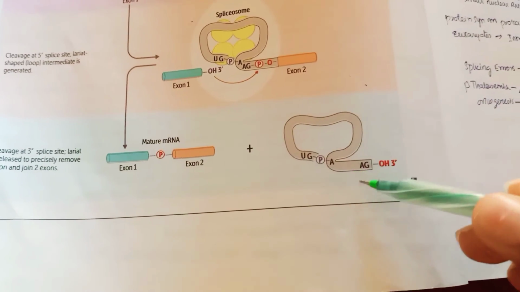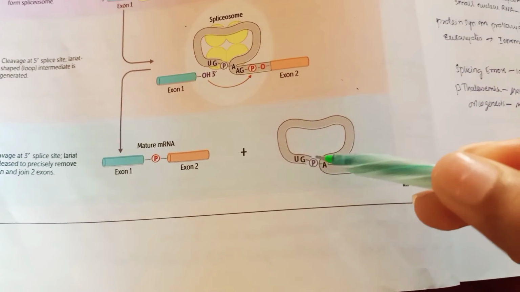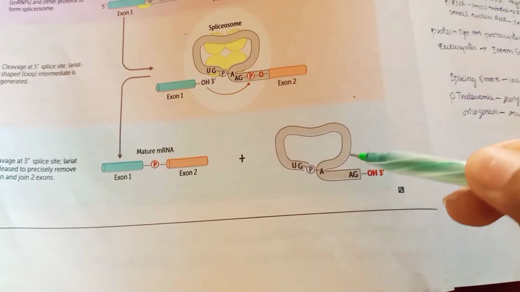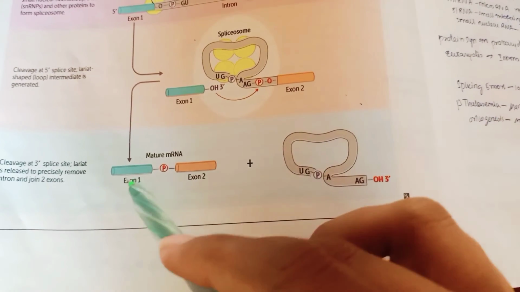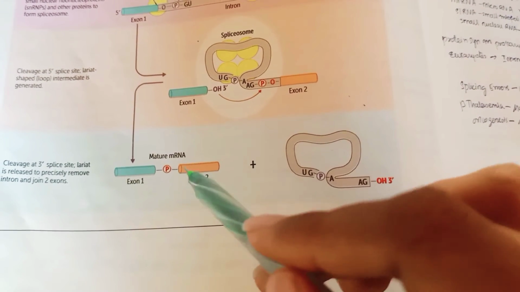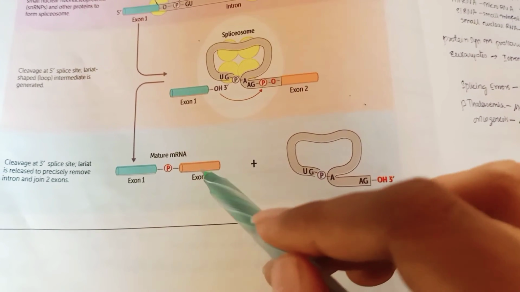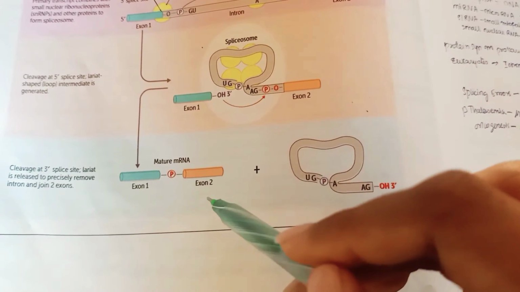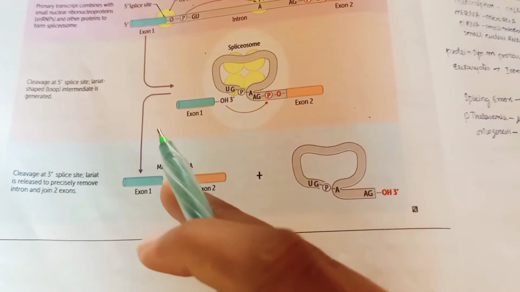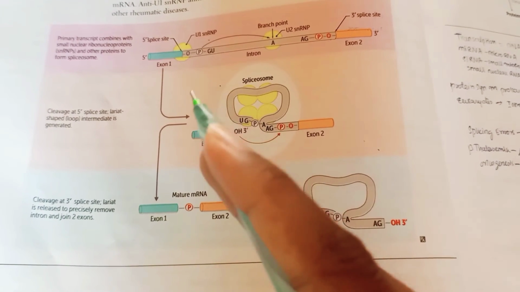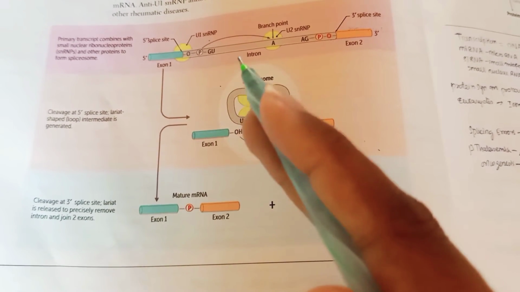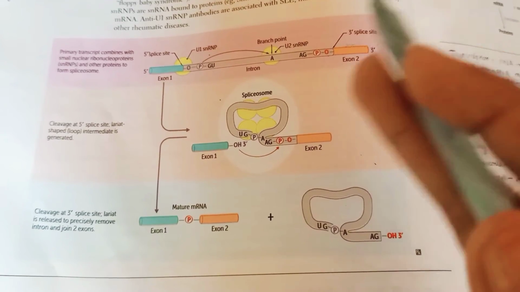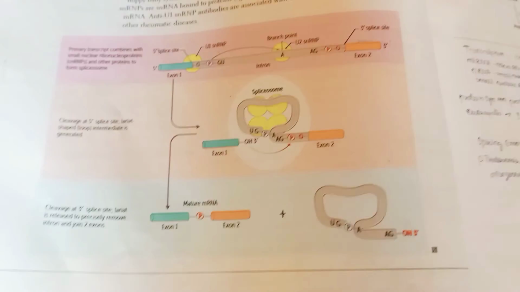This shaped structure is called a lariat. It contains introns and some RNA. mRNA with introns is called a lariat, and now we remove the lariat and finally join the exons and form a mature mRNA. Mature mRNA is required to undergo translation and finally form proteins. So if there is a defect in snRNP or snRNA, that will lead to many problems like mixed connective tissue disease, rheumatic disease, etc.